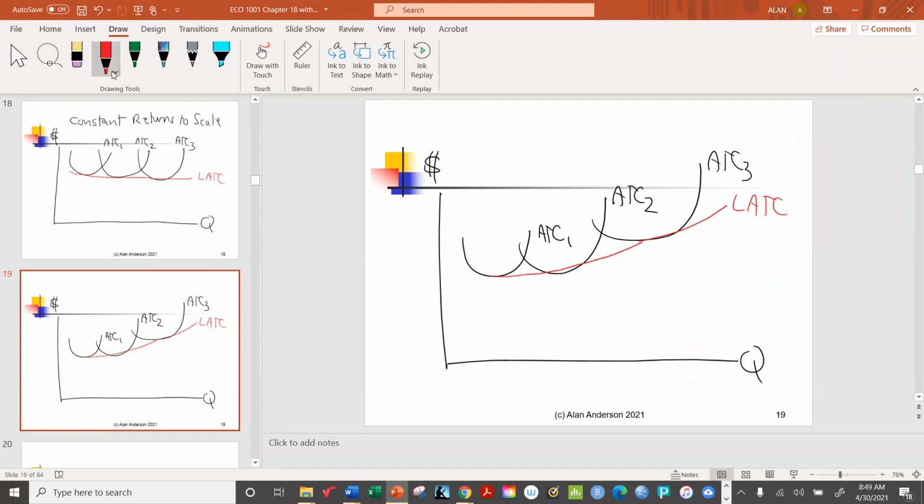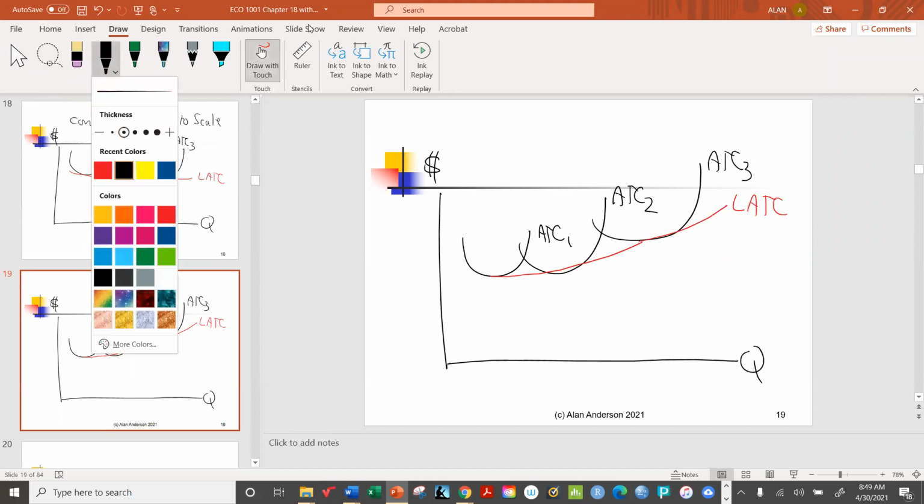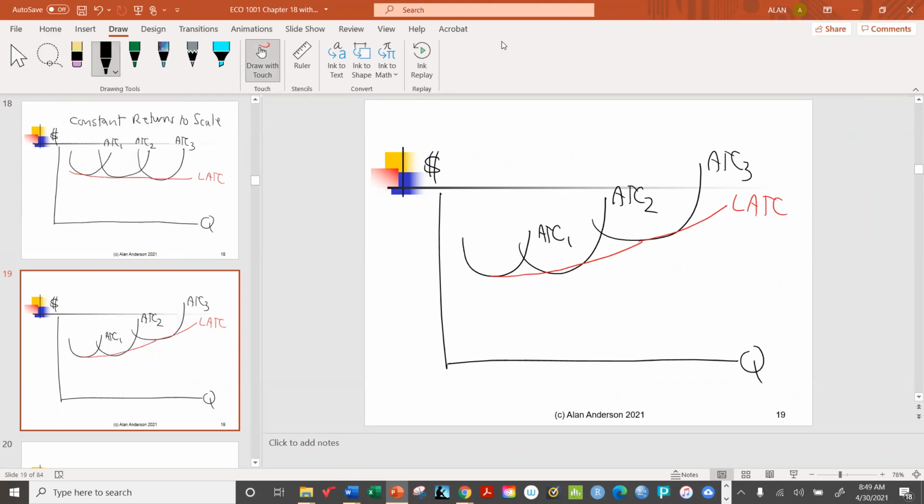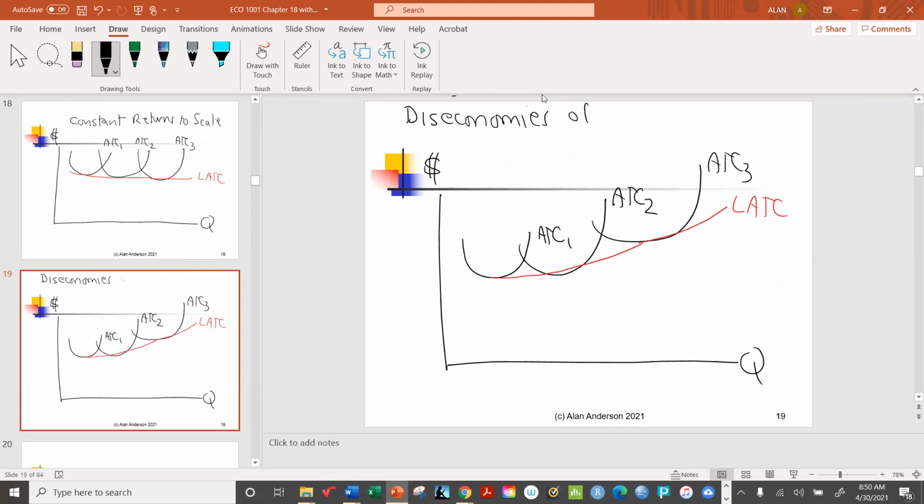So in that case, this one has two potential names. This is often called either diseconomies of scale or decreasing returns to scale. And so that's another possibility as well.